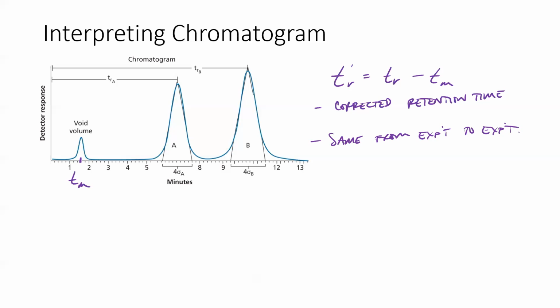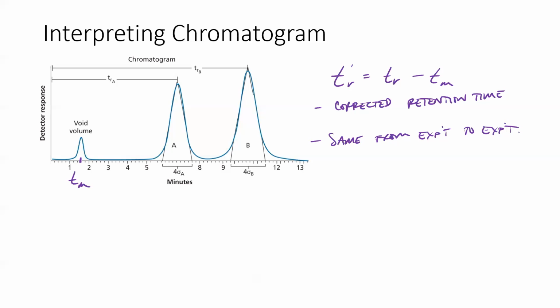Let's say we had to do some routine maintenance on our instrument, and we had to change one of the small capillaries that connects the inlet to the heater. There's a chance that it might be a millimeter or two longer or shorter than it was originally. That's going to affect how long it takes something to go through the whole instrument, but it doesn't affect how long that compound interacts with the column.